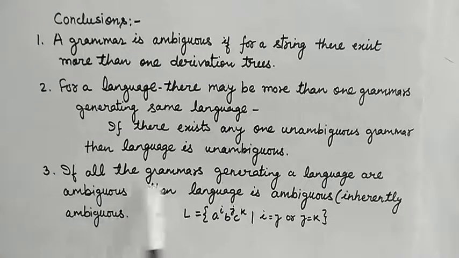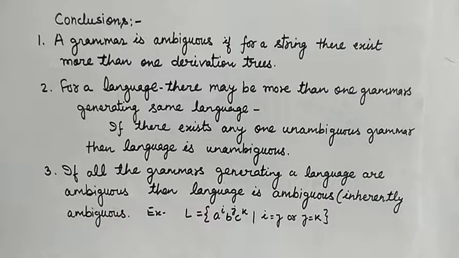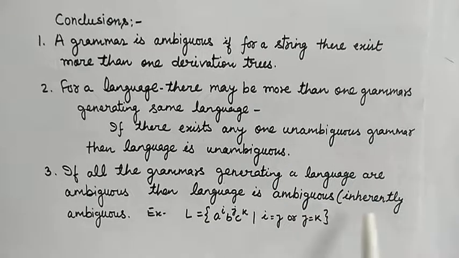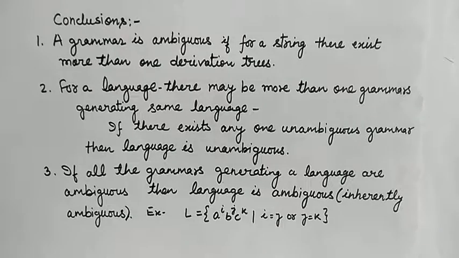It means if all the grammars generating a language are ambiguous, that means for a language all the grammars are ambiguous, then we will say that language is ambiguous, and rather we call it inherently ambiguous. That means the ambiguity is inherent with the language. This is why no grammar is there which is unambiguous for this language.